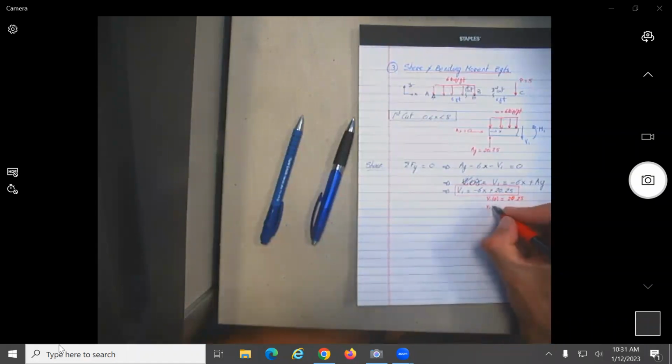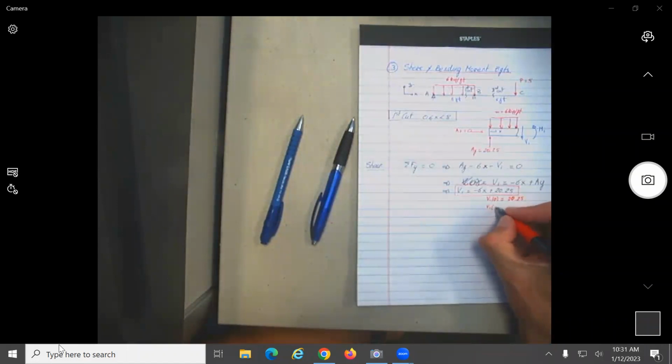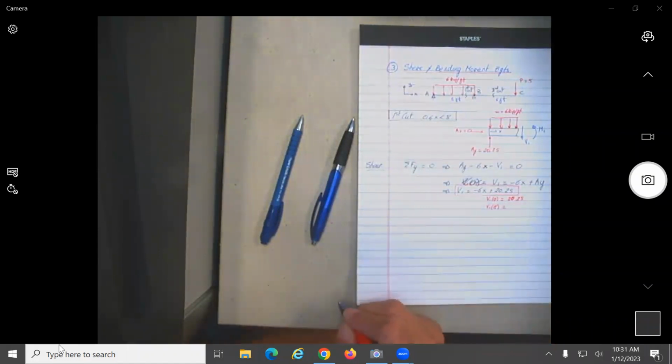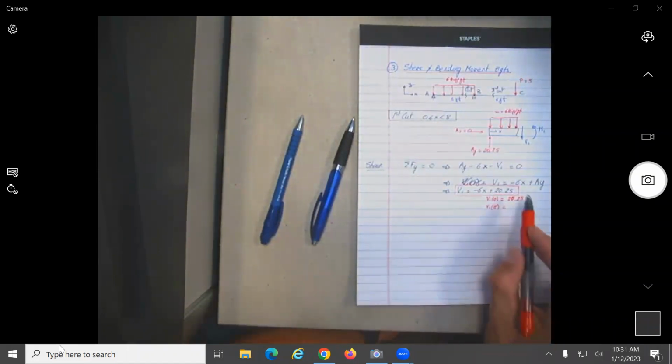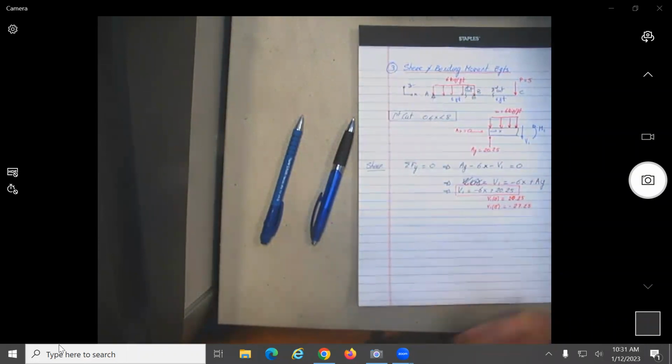Minus 6. So V1 at the end, what should be the maximum value for X? It is 8. So if you substitute 8, you have minus 48 plus 20.25. This should give you minus 27.75.